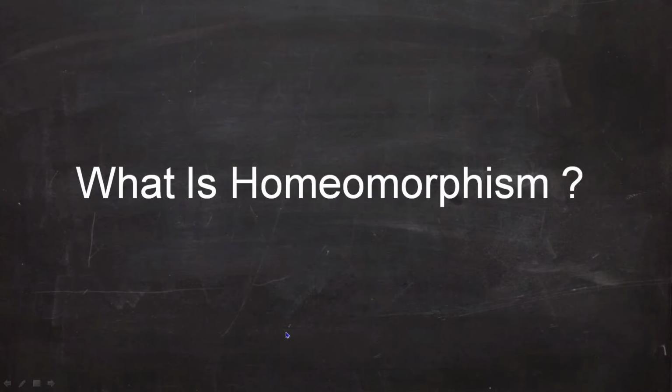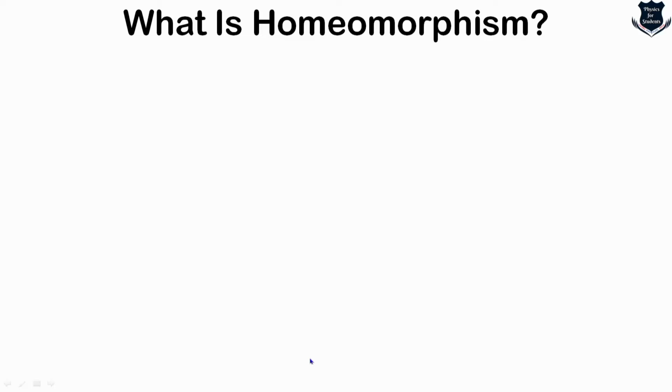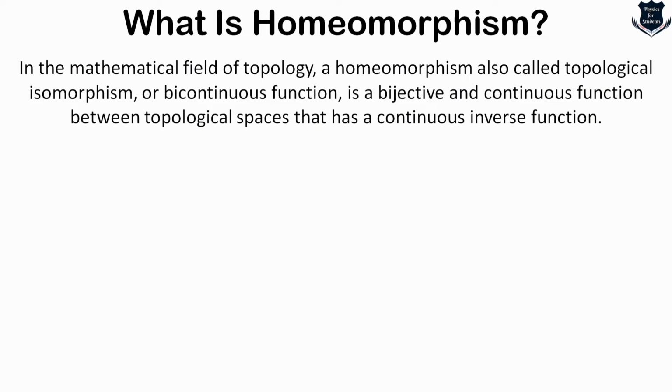In order to understand what is homeomorphism, which is a concept very central to topology, first let us look into two types of definition. This is a mathematical definition. In the mathematical field of topology, a homeomorphism, also called a topological isomorphism or bicontinuous function, is a bijective and continuous function between topological spaces that has a continuous inverse function.